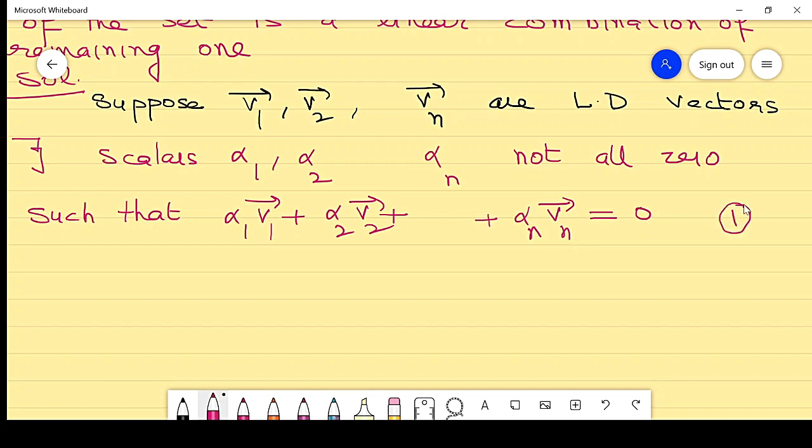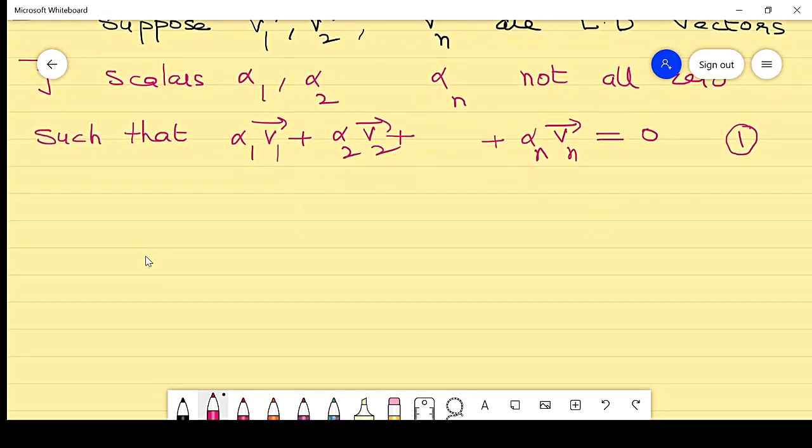So this is equation number 1. That is a simple definition. Alpha 1, alpha 2, alpha n are scalars, not all 0. At least one is non-zero. Suppose alpha i is not 0.